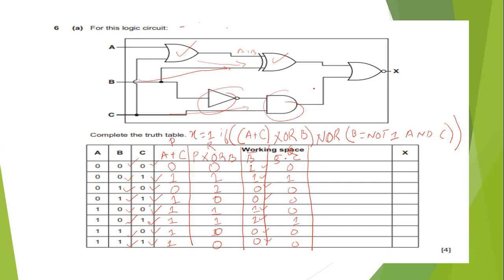Okay. Now I told you the final gate is a NOR gate. Whenever you see a NOR gate or NAND gate, you have to produce two columns. So I am producing this one.